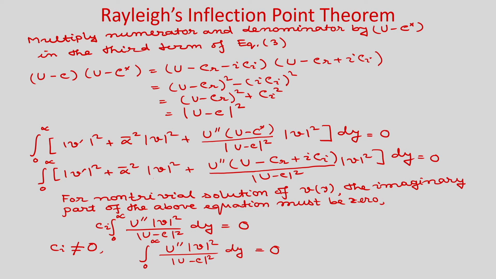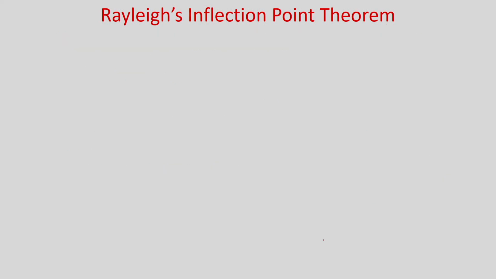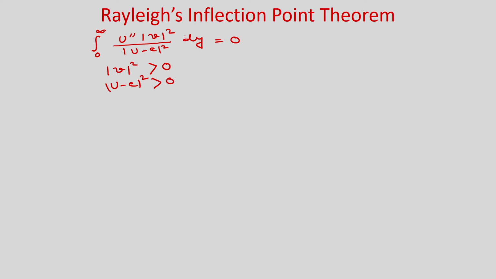If you write down this equation again, integral 0 to infinity u double prime mod v square divided by mod u minus c square dy equal to 0, you can see mod v square is greater than 0 and mod u minus c square is greater than 0. So, these are positive, and the integrand should be 0. So, u double prime should be changing its sign somewhere from positive to negative.